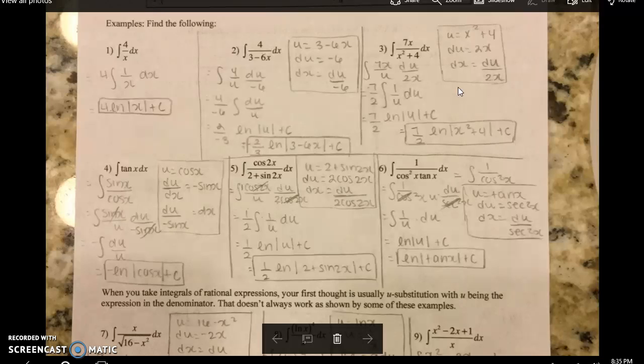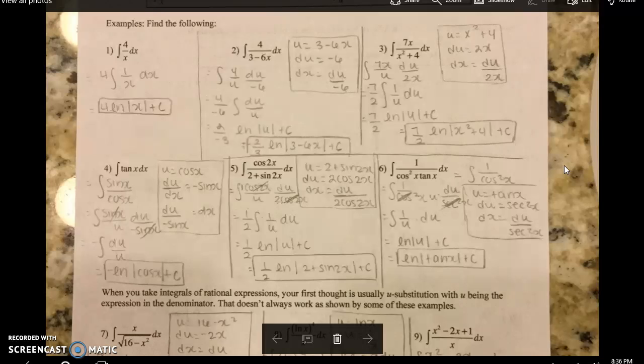And that was another one of the rules, where 1 over u equals ln absolute value of u plus c. So you just use that, and then we keep 7 over 2 in the front, and we plug in the value for u, and added c. So that's how we got the answer.